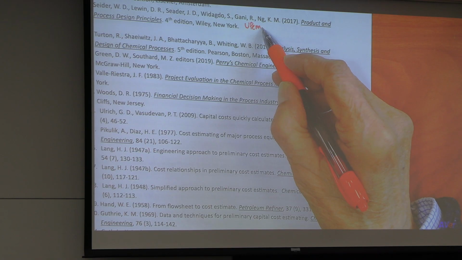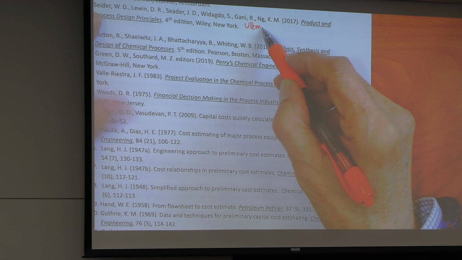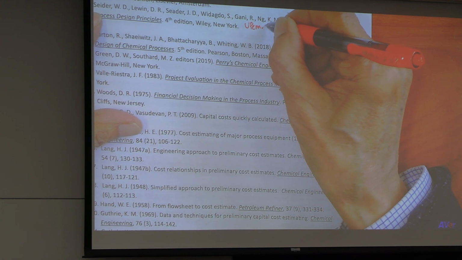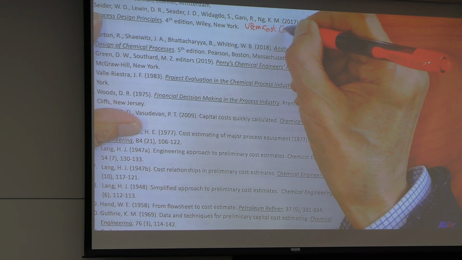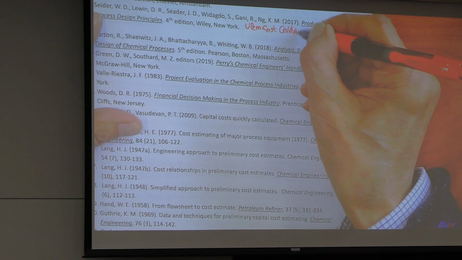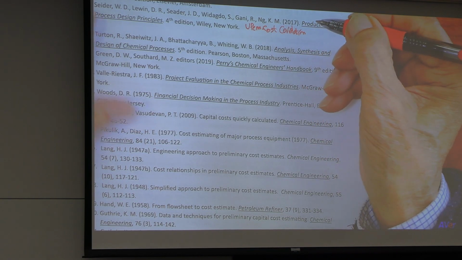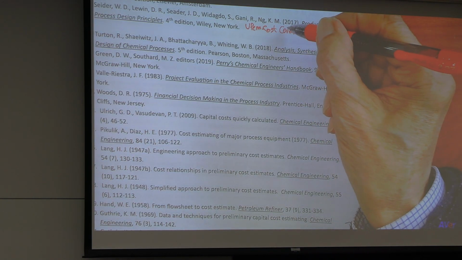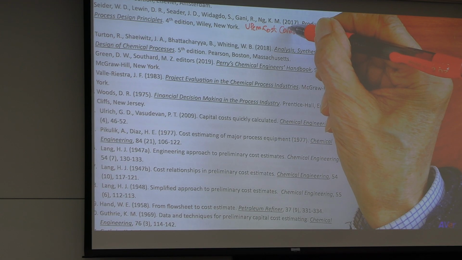I have given you the link, Excel, UPenn cost correlation. I will show you how to use it. Occasionally, you might refer to that for cost, because other reference doesn't have it.